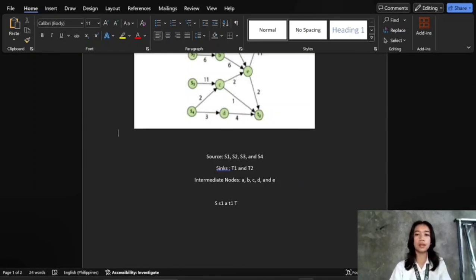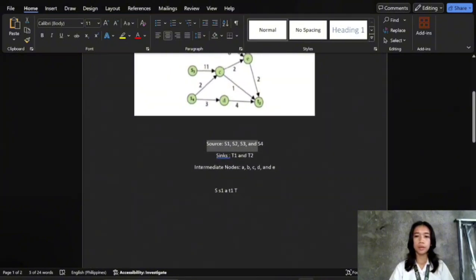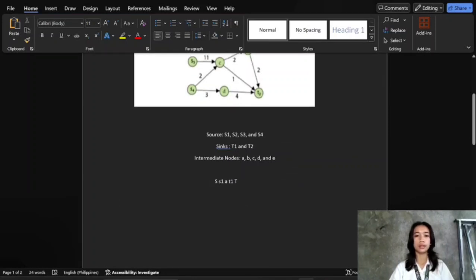So this is calculated by augmenting flows from the super source S through the intermediate nodes A, B, C, D to T1, the super sink, respecting all capacity constraints.